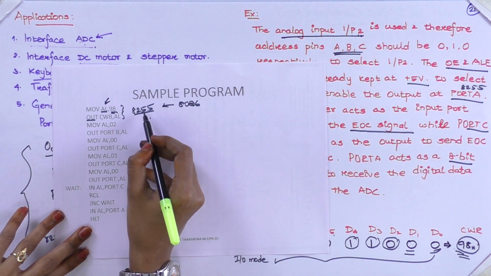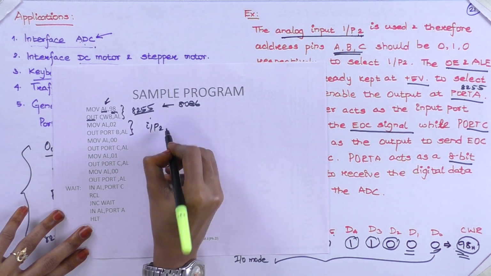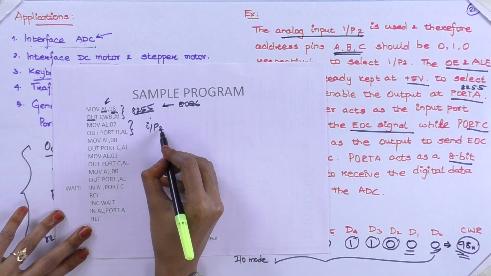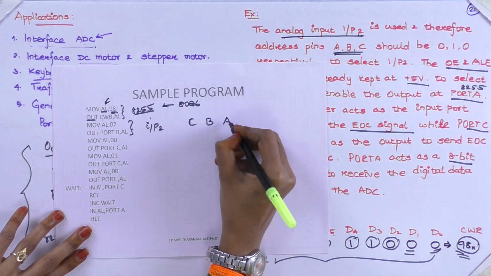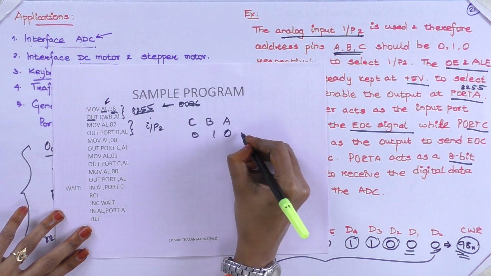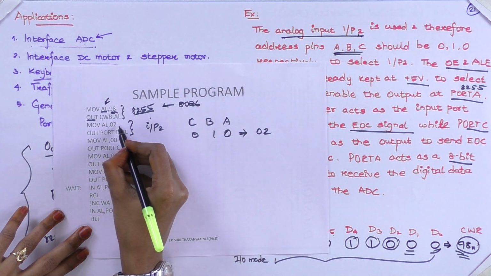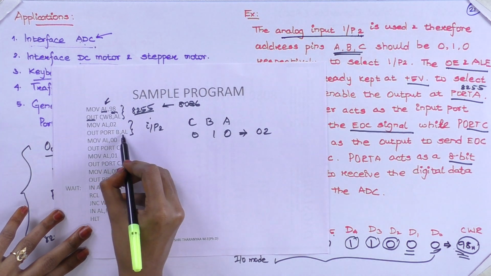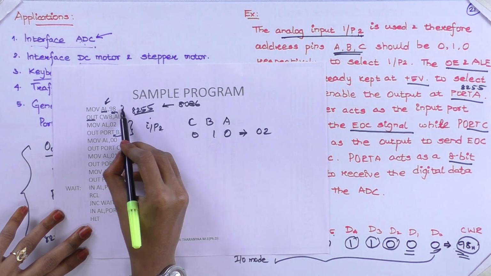Now we are configured, and then you are supposed to select the input channel IP2, right? For that your C, B, A value should be 0, 1, 0. So its equivalent value is 02. That is given here. From AL it is given to port B to select the input signal. So here configuration is over.